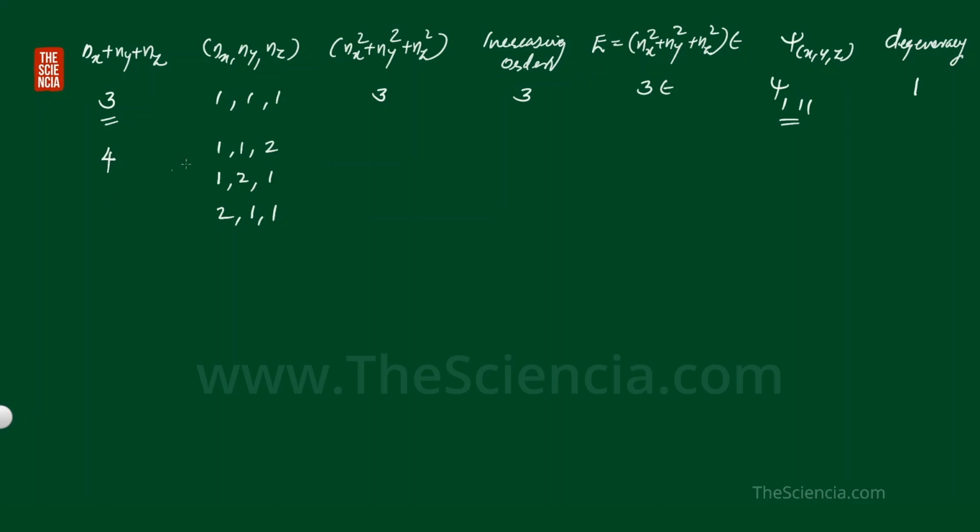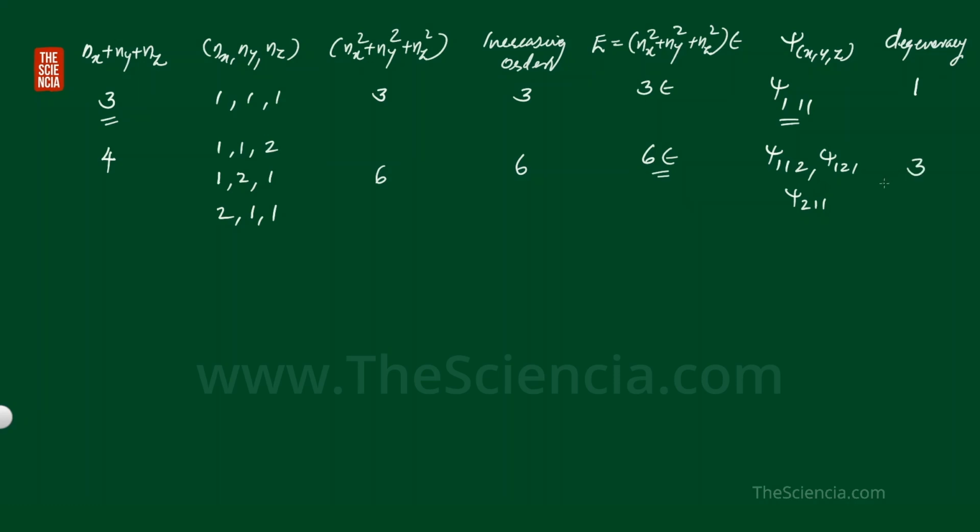So for all these states, nx square plus ny square plus nz square is 4 plus 1 plus 1, that is 6. The energy is 6E, and the wave functions are psi 1, 1, 2, psi 1, 2, 1, and psi 2, 1, 1. For all these states the energy is the same, 6E, so these are degenerate by 3.